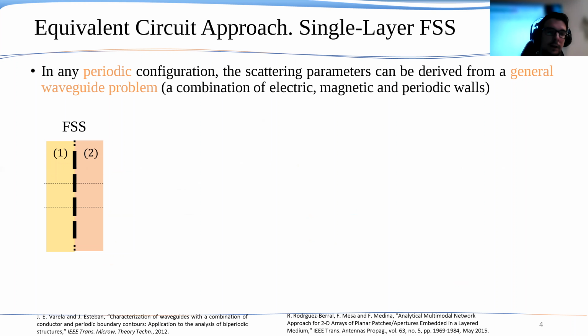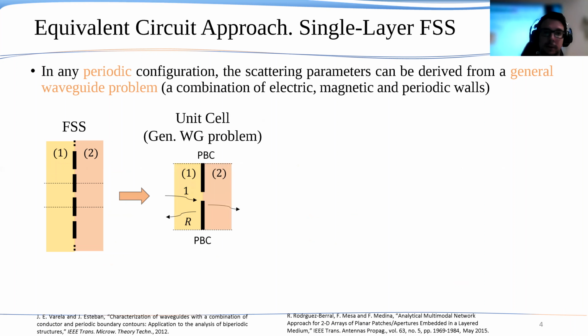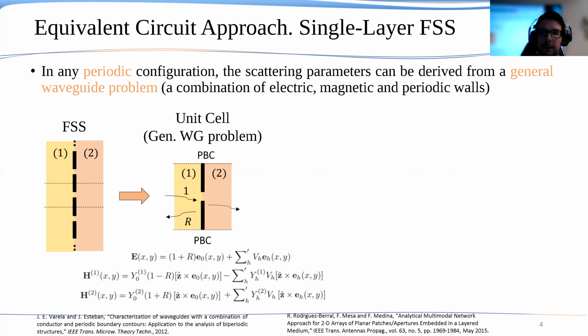This means that our frequency-selective surface can be analyzed by simply considering the unit cell of these generalized waveguide problems, and this unit cell and the whole FSS can be represented in terms of canonical circuits.